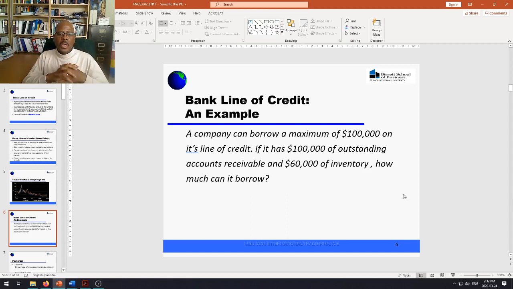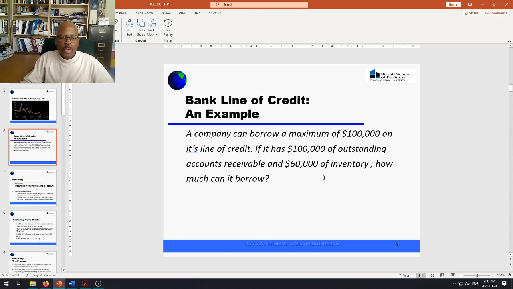In this case, the maximum amount based on the company's creditworthiness is $100,000. But if it has 100,000 of outstanding accounts receivables and 60,000 of inventory, and there's a 75% cap on accounts receivables and a 50% cap on inventory, how much can the company borrow?